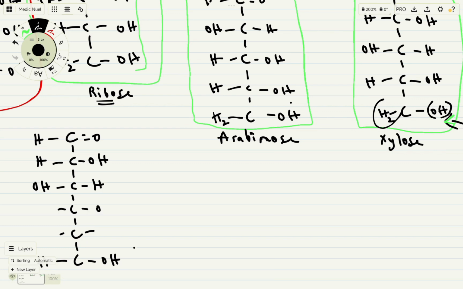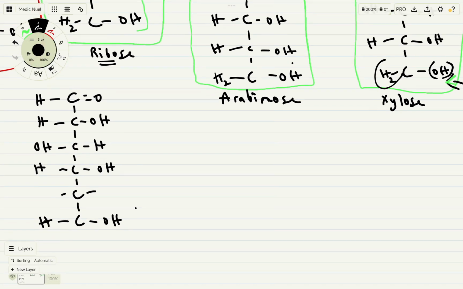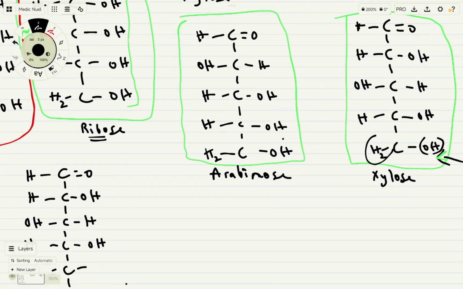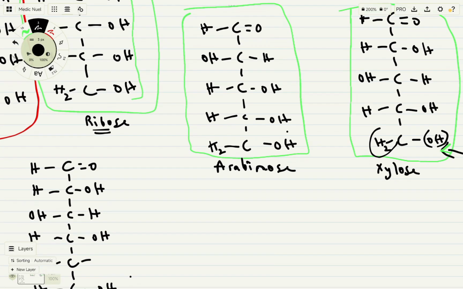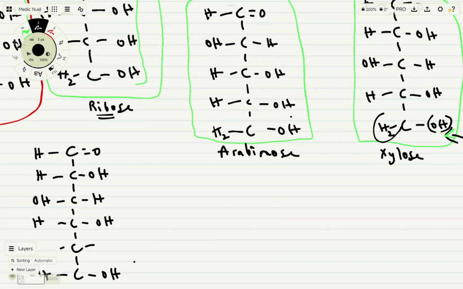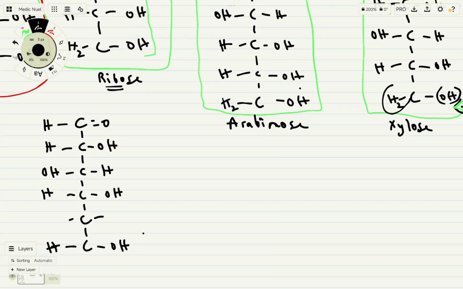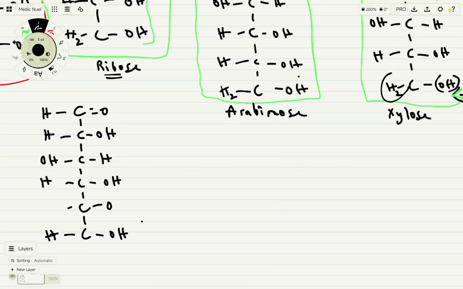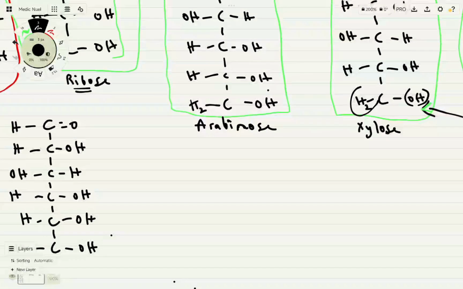We have OH here. We have H here. Okay, OH, H, H, OH, OH, H. Then we have the last one, OH here, and we have H here. And we added one more, OH and H. So this is basically xylose for me.